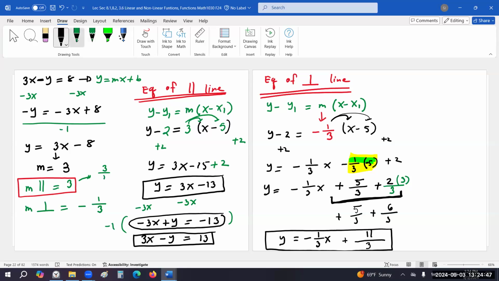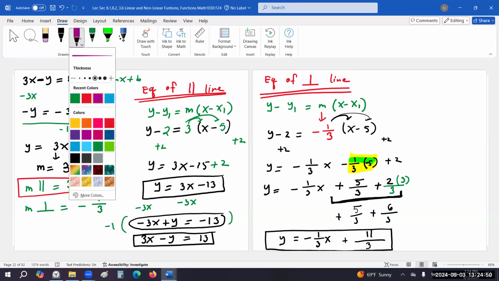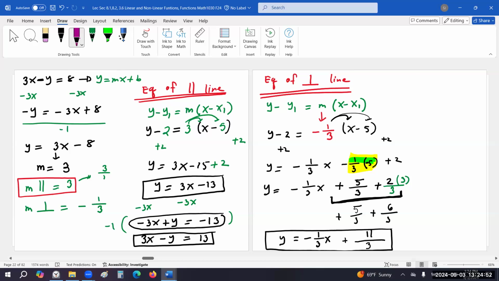So next we are going for standard format: Ax plus By equals C. So we have y equals negative 1/3 of x plus 11/3. How can you convert this into Ax plus By?